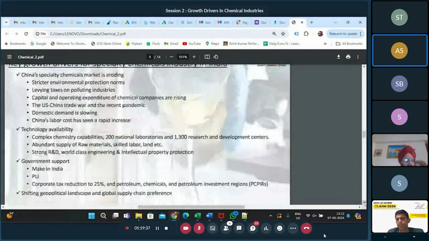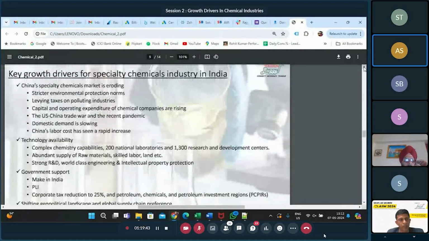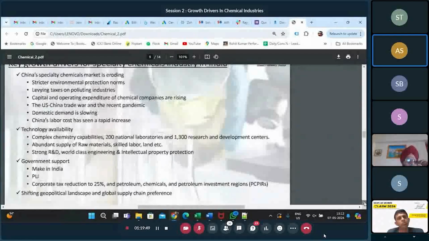The key growth drivers for the specialty chemical industry in India: why is India having so many advantages? First, China's specialty chemical market is eroding because of environmental norms, taxes, rising capex, rising labor cost, and slowing domestic demand.